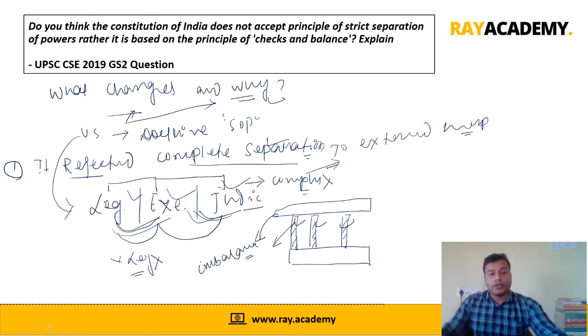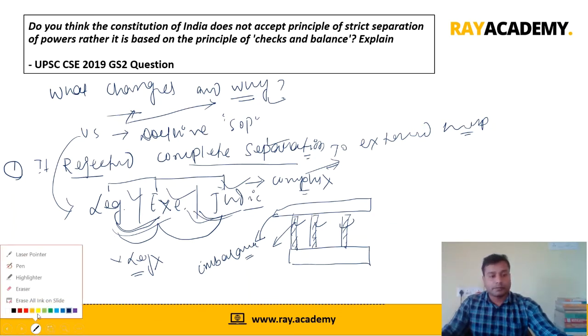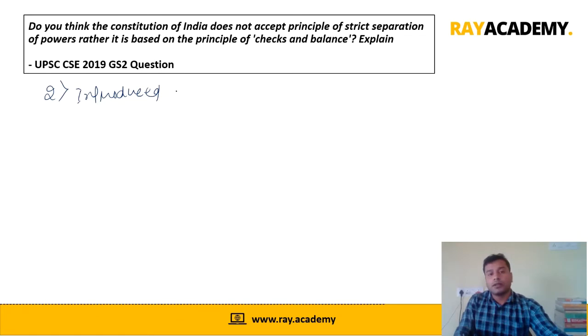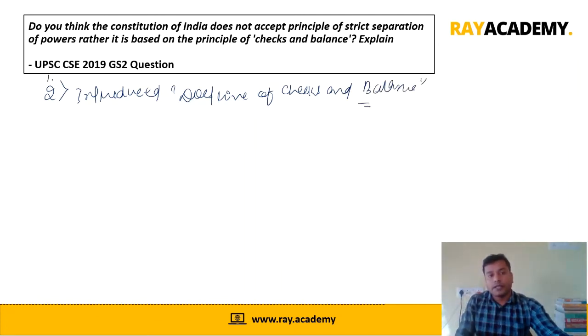Now the second change it made: it introduced the doctrine of checks and balance. Number one change, as I told, was that it rejected watertight complete separation.